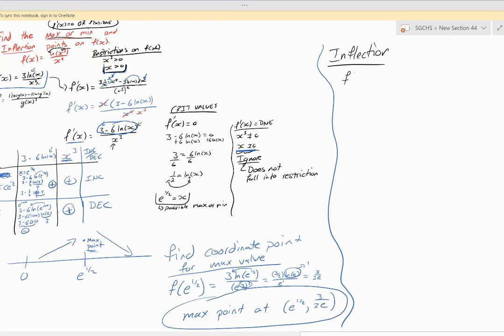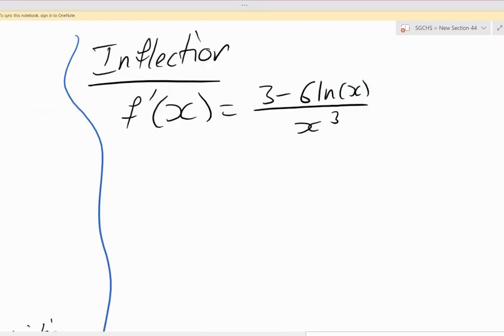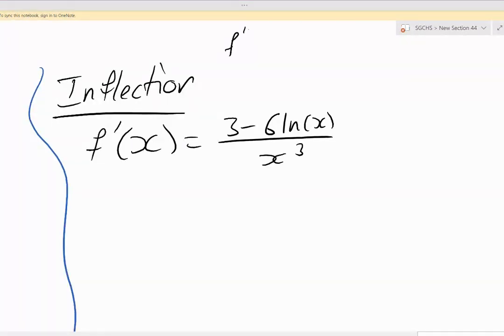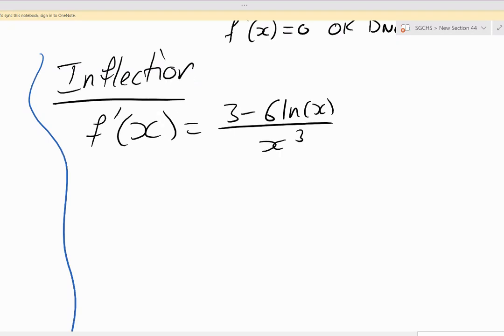The first derivative we found to be 3 minus 6 ln of x over x cubed. Inflection points occur when your second derivative either is 0 or does not exist. So now we have to find our second derivative.